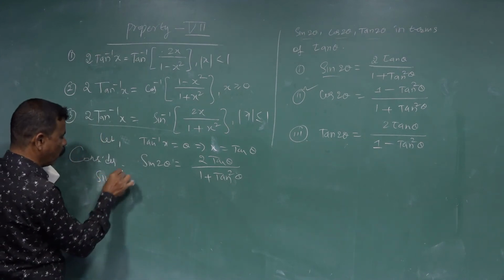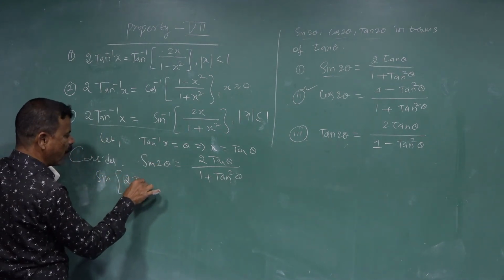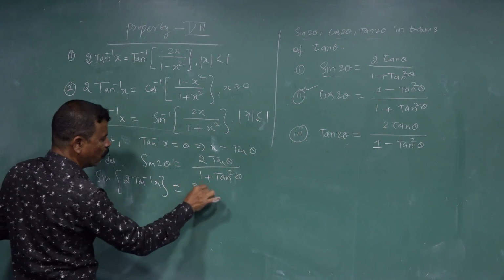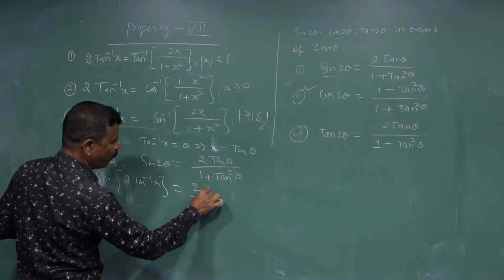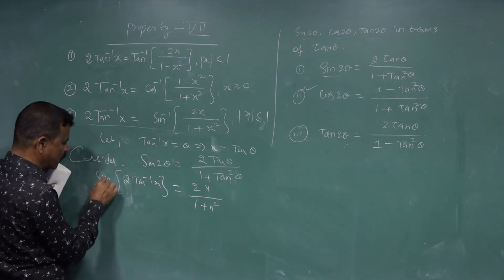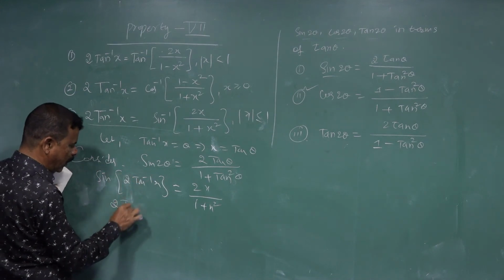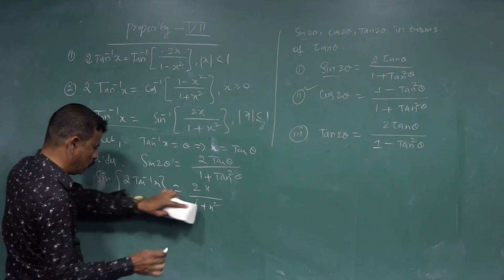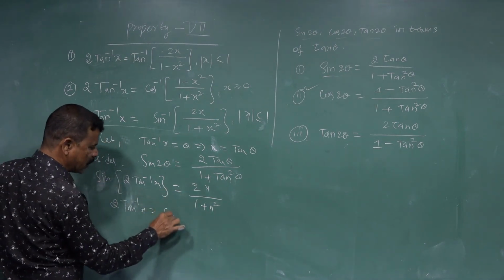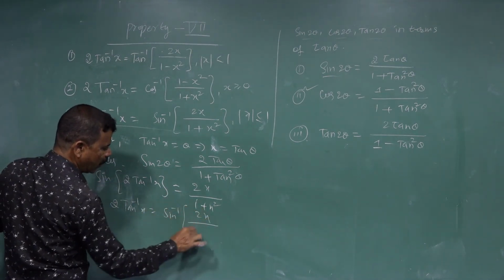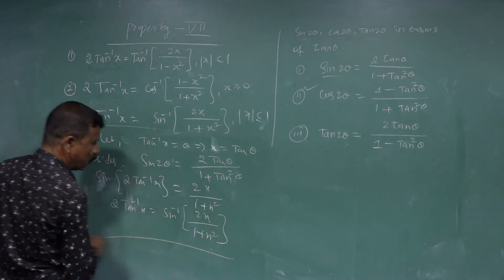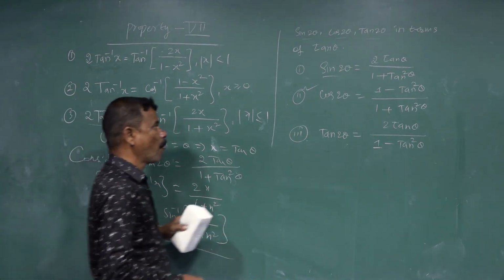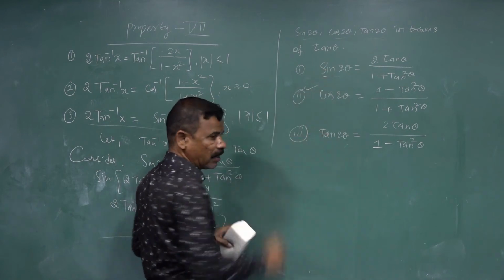So sin of 2 theta, where 2 theta is 2 tan inverse x, is equal to 2x by 1 plus x square, where x is tan theta. This sin goes outside: 2 tan inverse x is equal to sin inverse of 2x by 1 plus x square. So all these formulas are proved by these formulas.